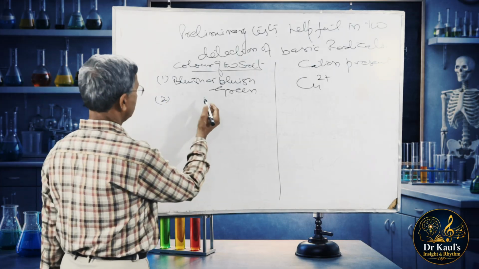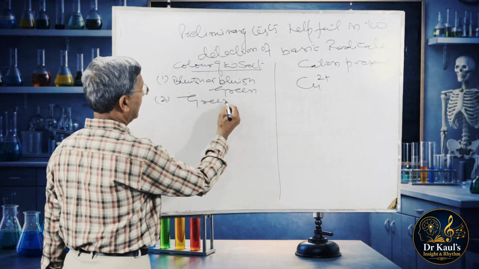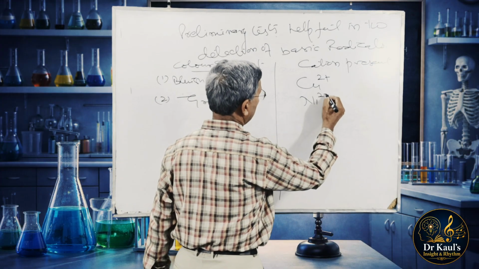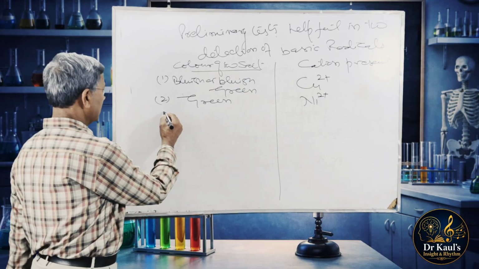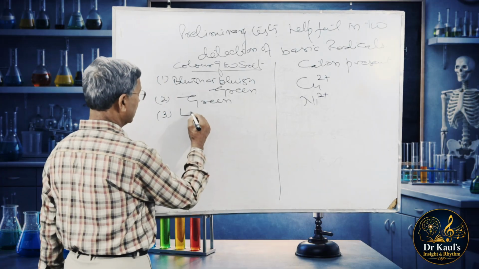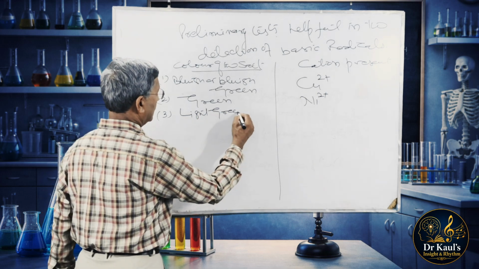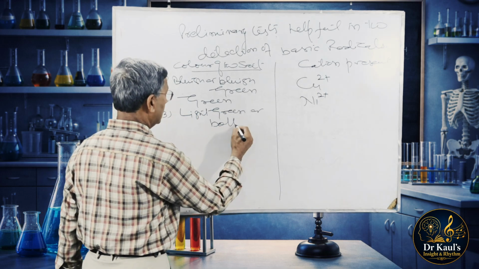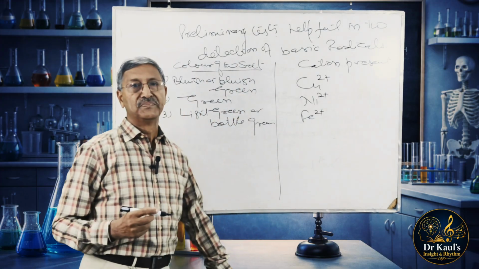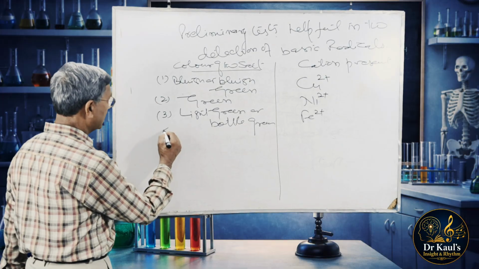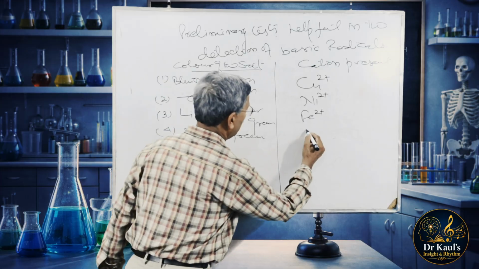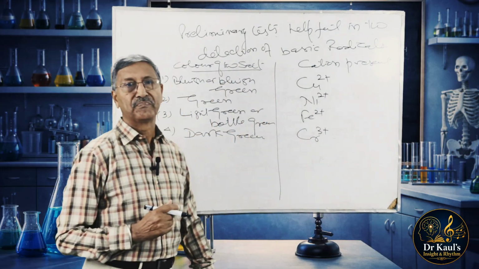If the salt is green, say parrot green, then it could be due to nickel. You see, there are a number of shades of green. If we have light green or bottle green, it could be due to ferrous. And again, if it is dark green, then it could be due to chromium.